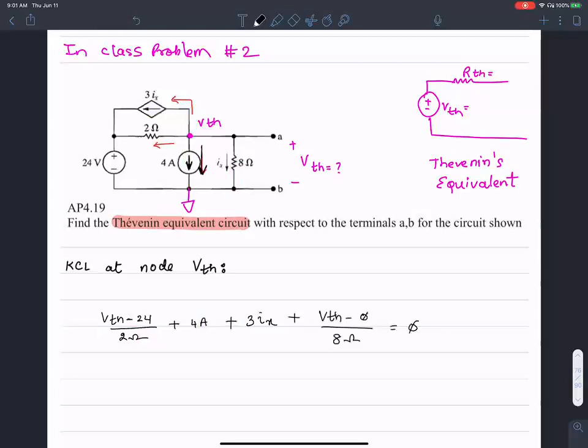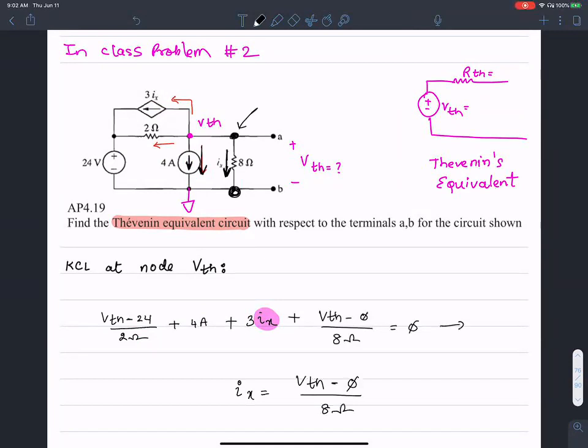Now there's a constraint equation. There appears to be an unknown Ix. In order to account for Ix, I can simply write Ix, the current flowing in this branch, to be the voltage over there, VTH, minus the voltage over here, 0, over the resistance, 8 ohms.